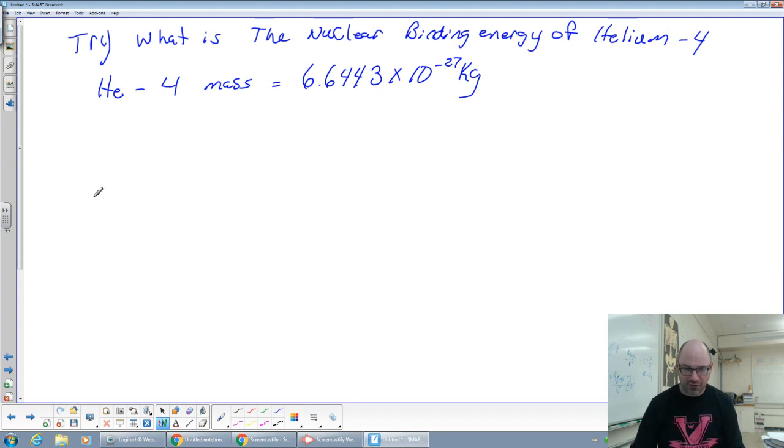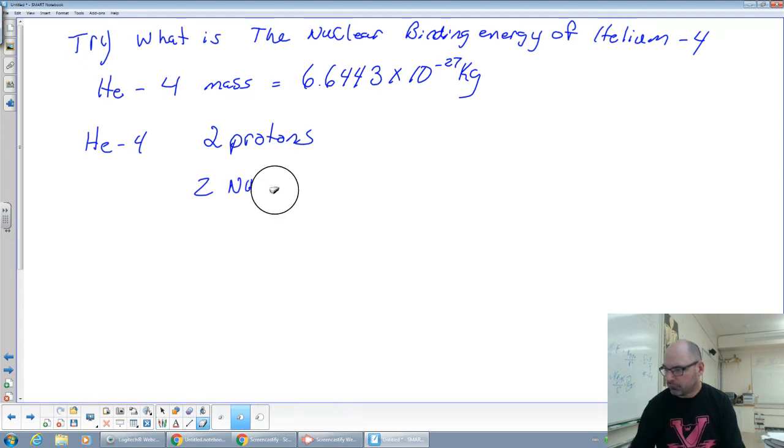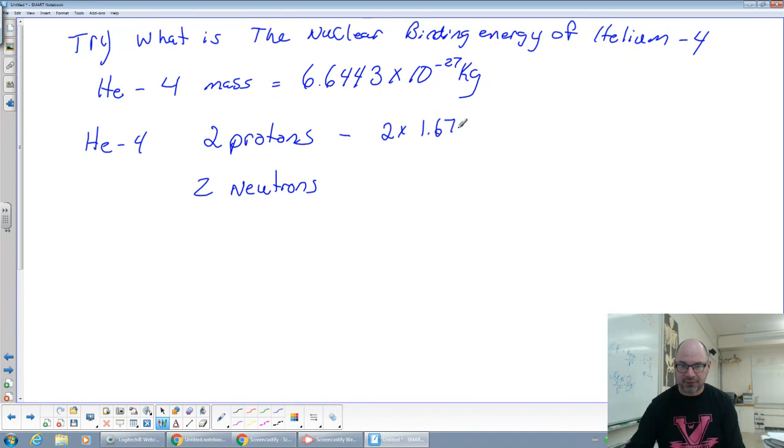Okay, so if you've unpaused it, the first step for us is to figure out how many protons and neutrons are in helium-4. So helium-4 has 2 protons and 2 neutrons. Okay, so we're going to go 2 times the proton mass, which was 1.6726 times 10 to the negative 27.